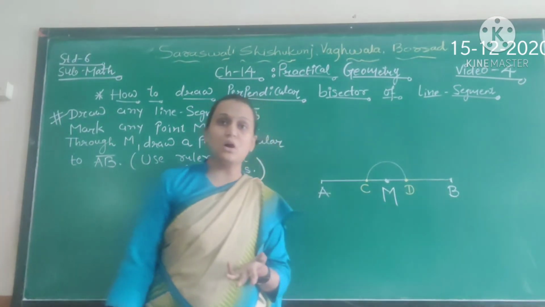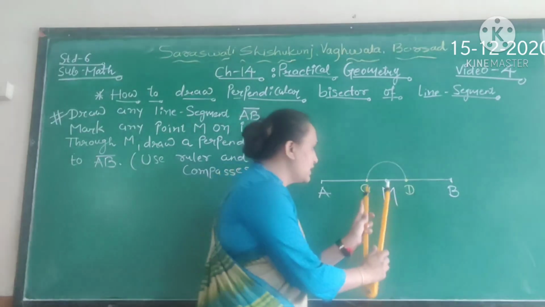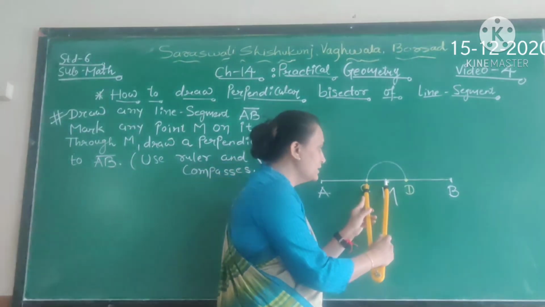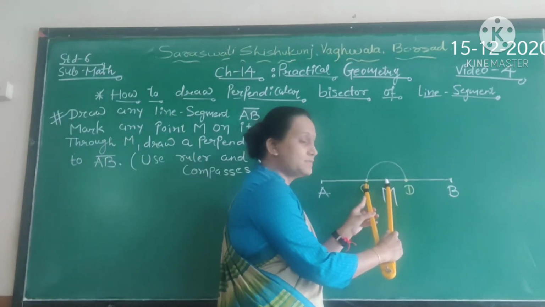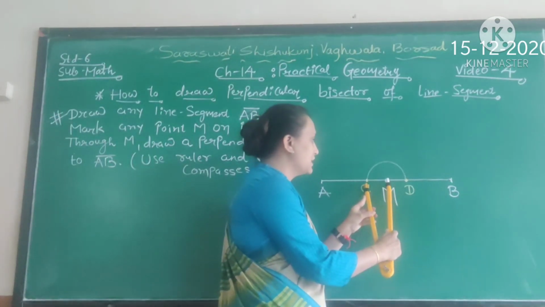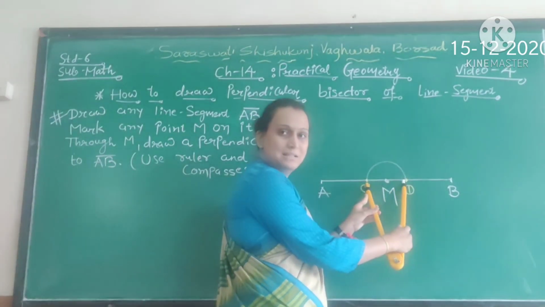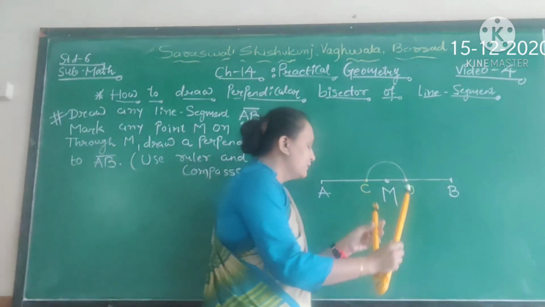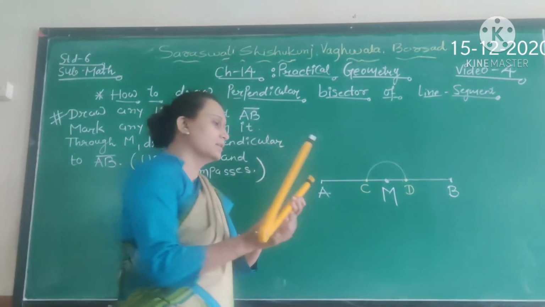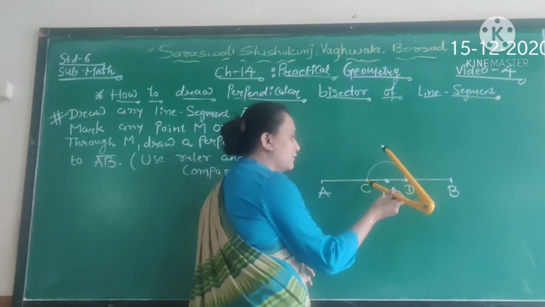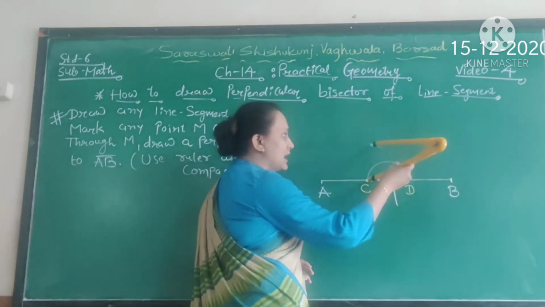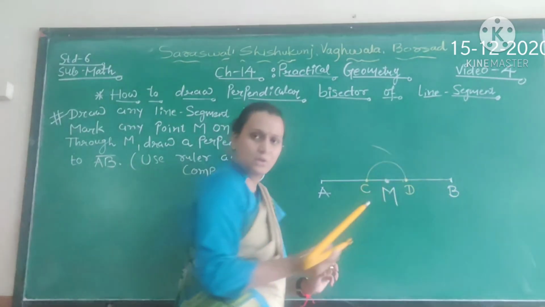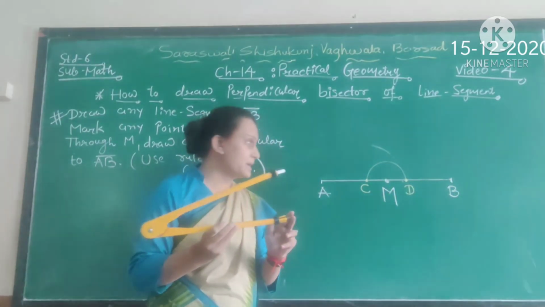Now we want to draw an arc, that's why we use a measurement more than CM. Don't use the measurement of CM; we take a measurement more than CM, means still more. Then with this measurement, draw an arc from point C. Okay, now don't change your measurement.